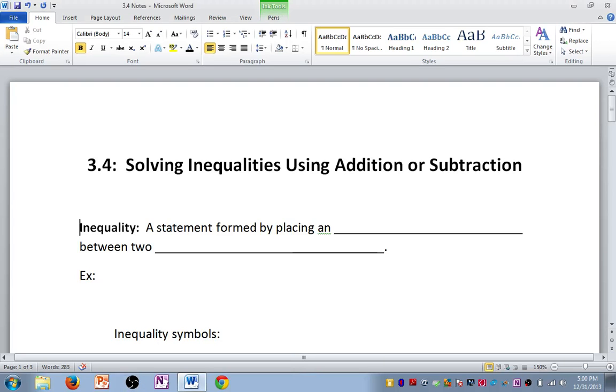Okay, in this lesson, what we're going to cover is 3-4, solving inequalities using addition or subtraction. An inequality is very much like an equation or expression that we've been solving, with the exception of it has a different symbol in it.